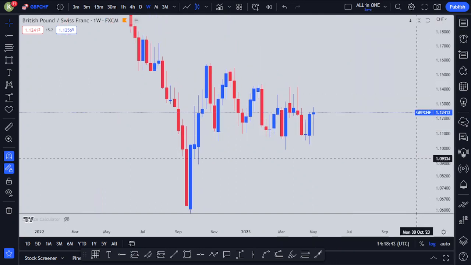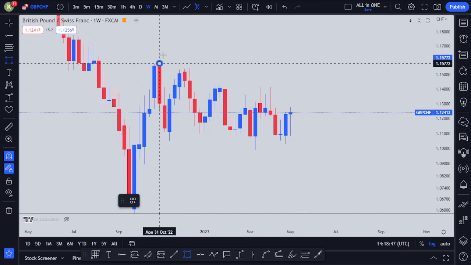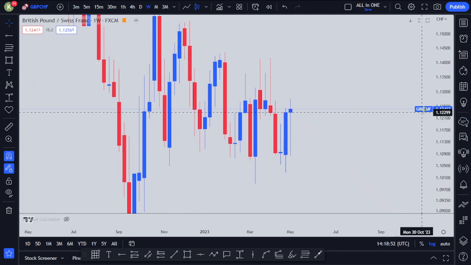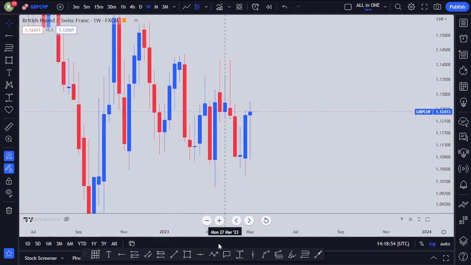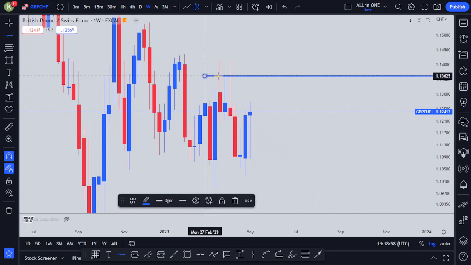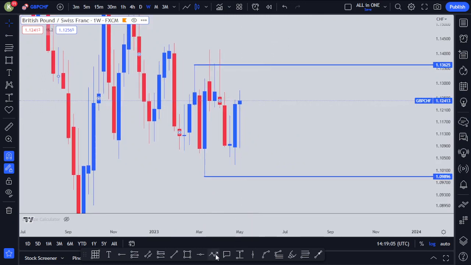Why am I saying that? Although it is ranging or consolidating around here, if you look at it critically, you can see that the bears are in control. So I have a phase structure break over here, meaning that here is a point that we should consider the market heading towards.